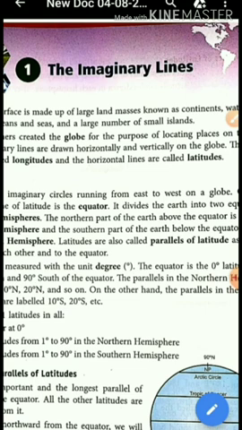So, imaginary lines means the lines which are not present on the surface of the earth, but we can imagine those lines. So those lines are called imaginary lines.